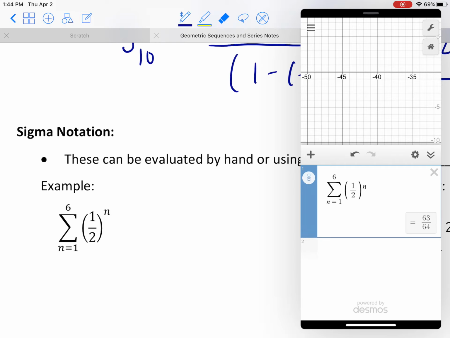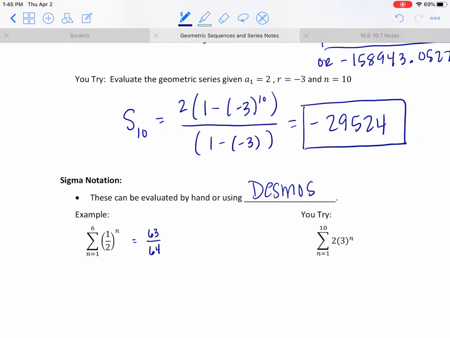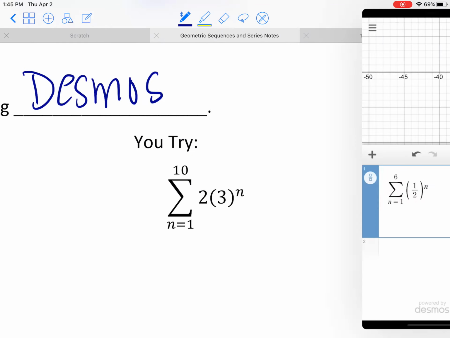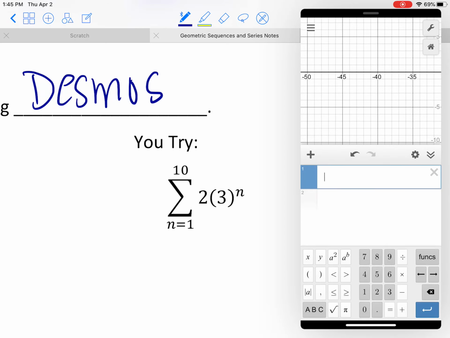And then it's going to say that the sum of those 6 terms is 0.984375, or as a fraction, I always like to see if it's easier to write, is 63/64. So I'm going to go straight to my answer of 63/64 using Desmos.